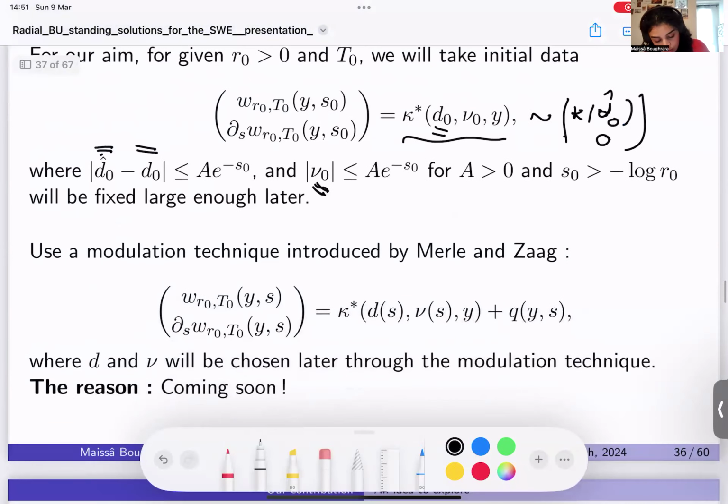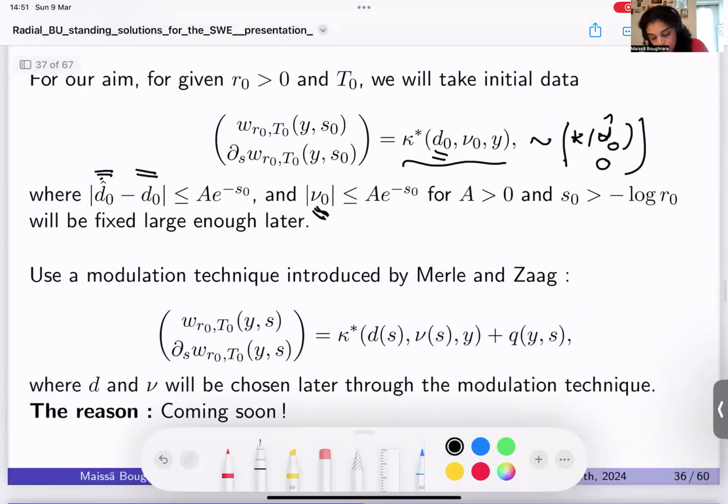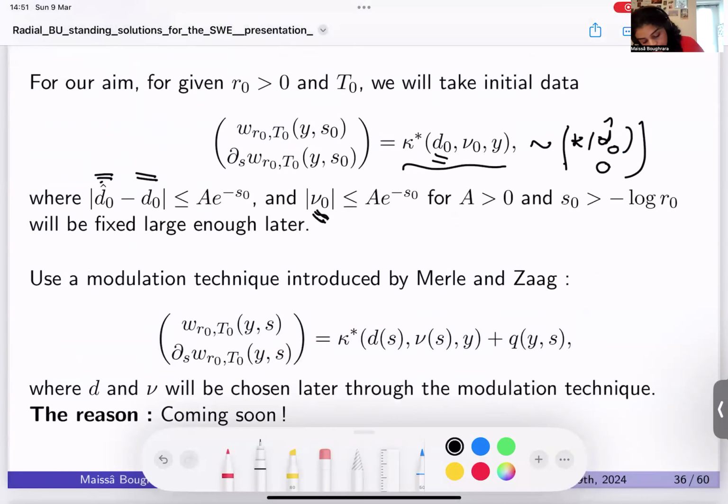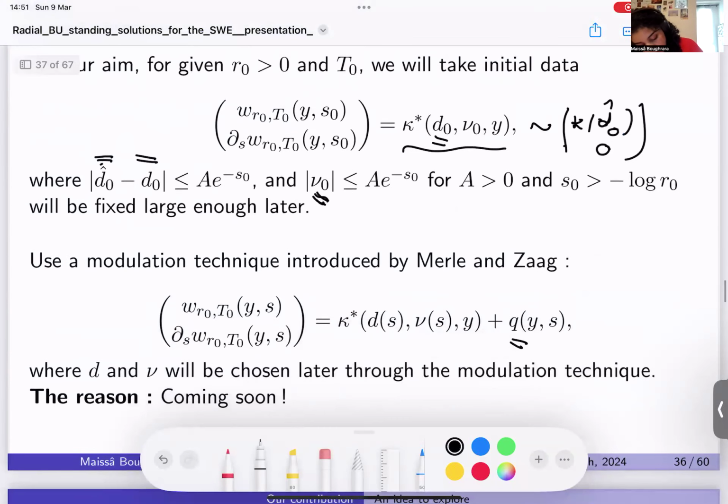Okay, so I want to define Q as the difference between the solution and not actually kappa star, but the difference between the solution and kappa star that depends on a parameter that depends on the space variable. Okay, so these parameters, when we evaluate them, will be very close to d0 hat.